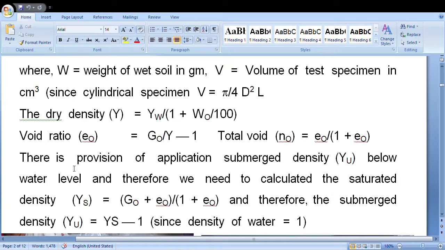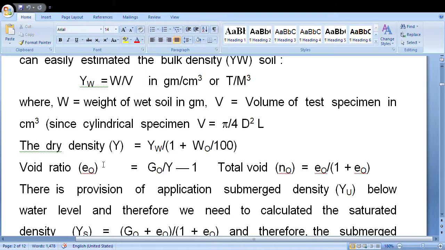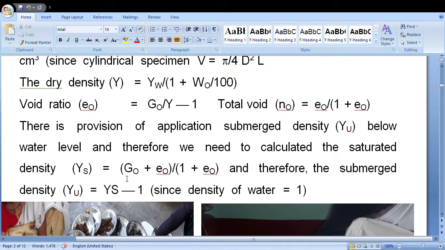There is a provision of application of submerged density below water level. I told that above water level the dry density is necessary and below water level we require submerged density. For submerged density we have to calculate the saturated density first.